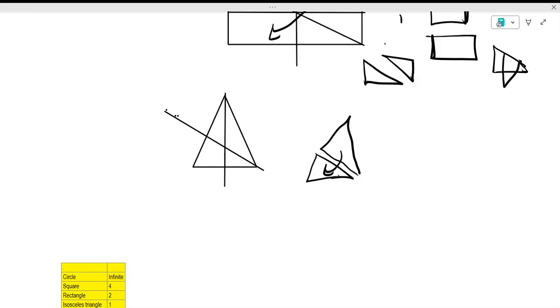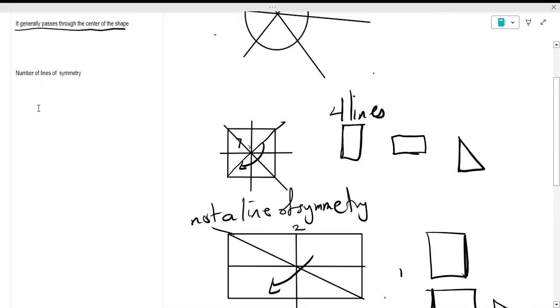Now, actually, when it comes to symmetry, this one is what we call reflectional symmetry. So that's what we're talking about right now. There's also rotational symmetry, which is what I'm going to talk about in the next lesson.